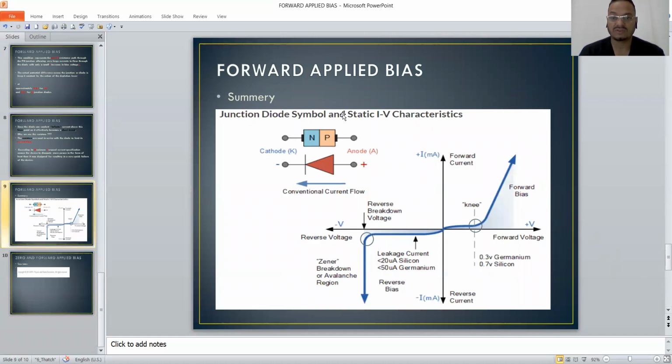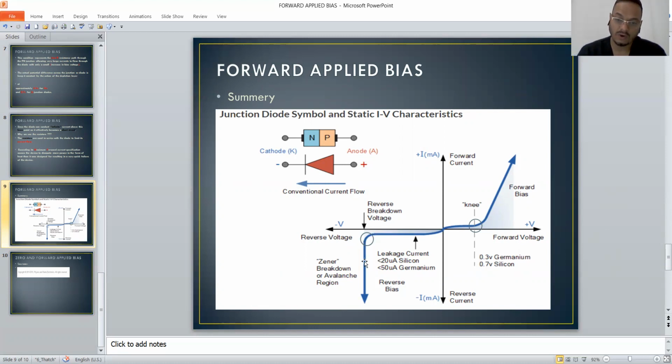Here, this is very important. By using this diagram, we can make a comparison between forward bias and reverse bias. Here is the reverse bias, and this circle is the knee, and this line represents the leakage current, and after that, until here, the diode will behave like a resistor.